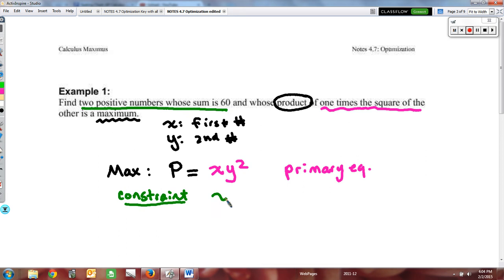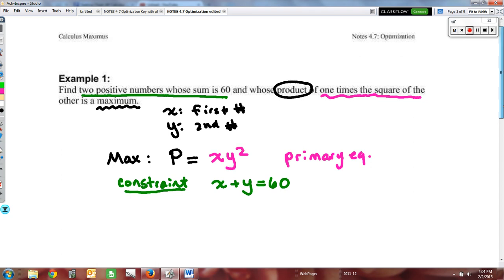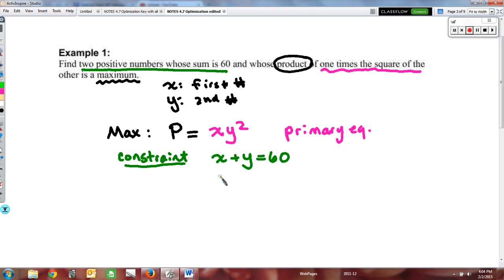So we know that x plus y has to equal 60. That gives me something that I can use to either solve for y or solve for x and then substitute. Now we're going to make a decision about which is going to be better for us. If I solved for y and then have to substitute 60 minus x in, I'm going to have to square that and FOIL.